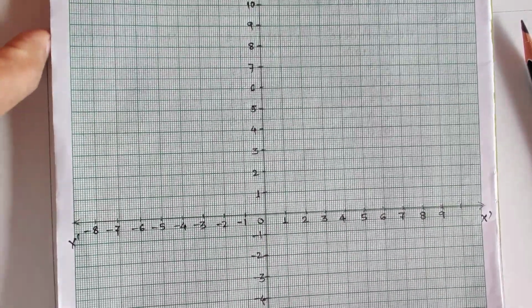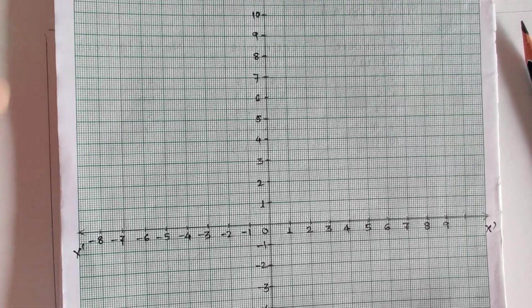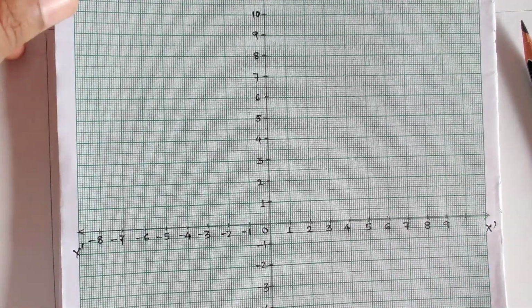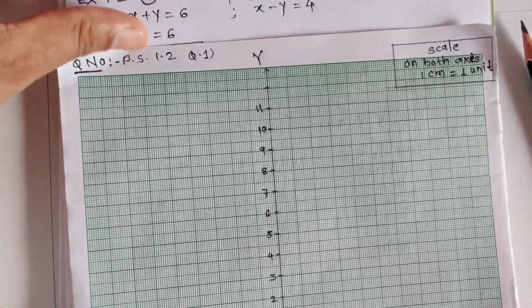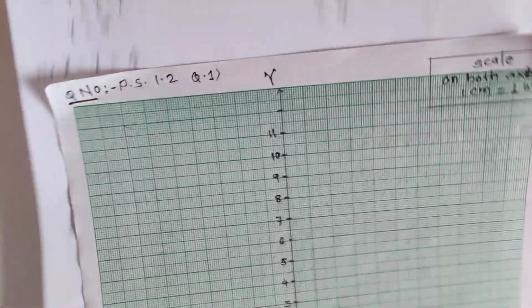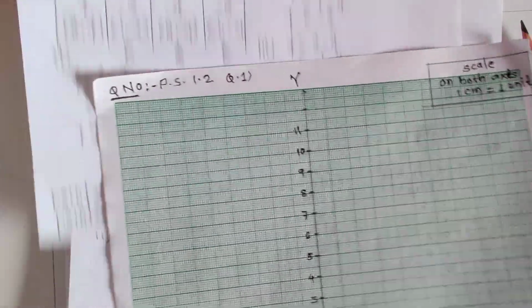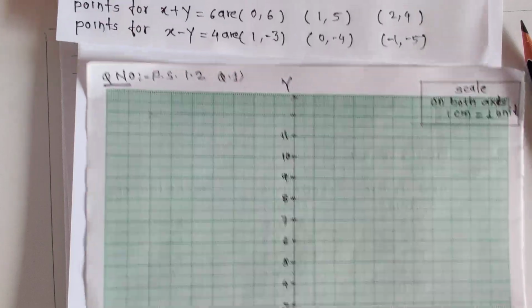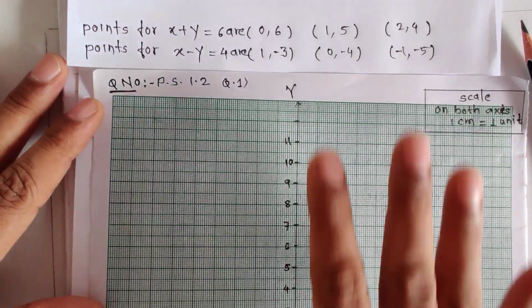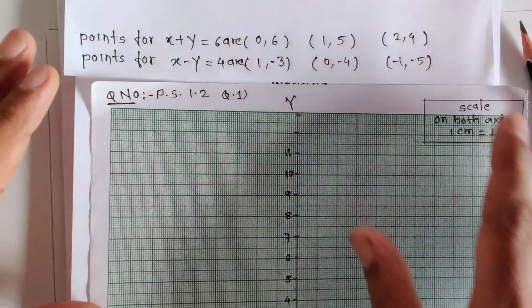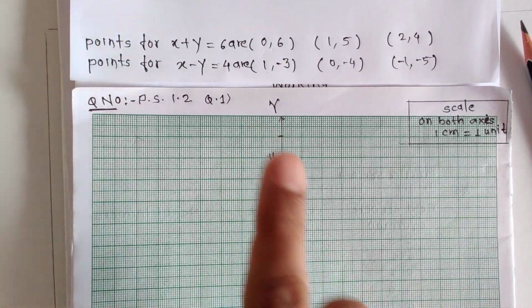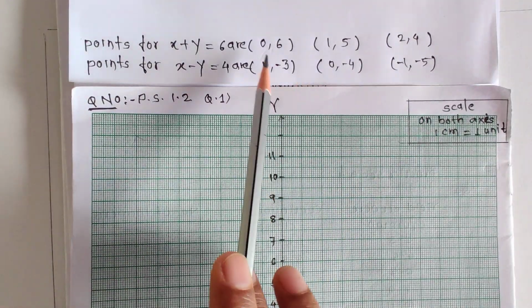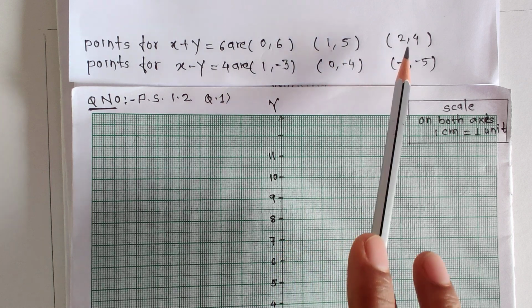So depending upon the signs, we can decide in which quadrant the point lies. So let us plot the graphs of both equations. Let us plot the graph of the first equation. Here the points given for the first equation are (0, 6), then (1, 5) and (2, 4).